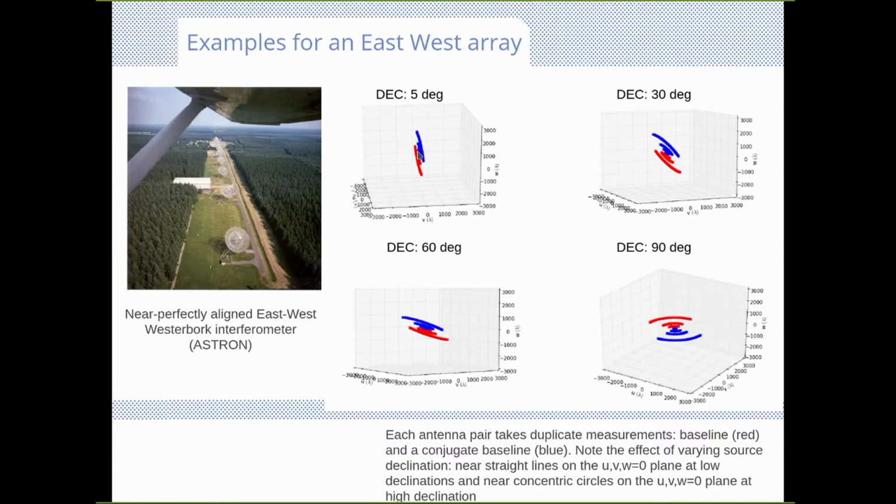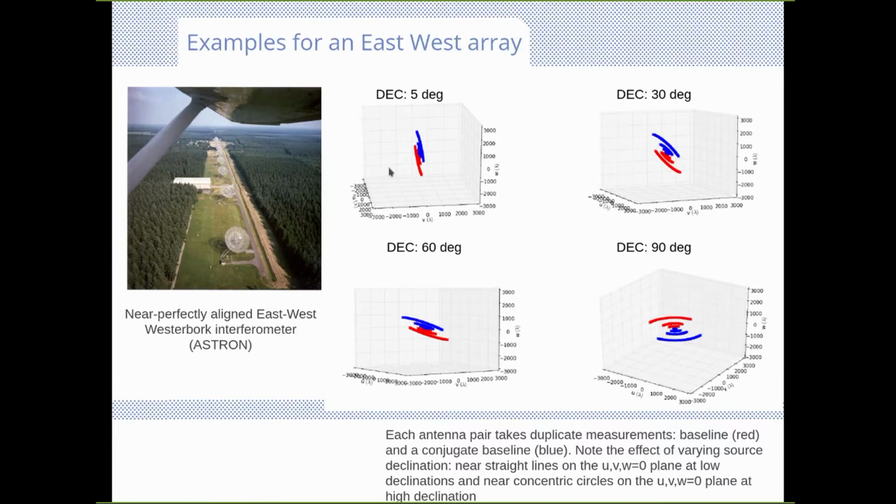Now, this is why we need to put in north-south spacings, which we'll have for MeerKAT or the VLA or ASKAP and so forth, and that will measure spatial coherences in the other parts of that UVW plane.